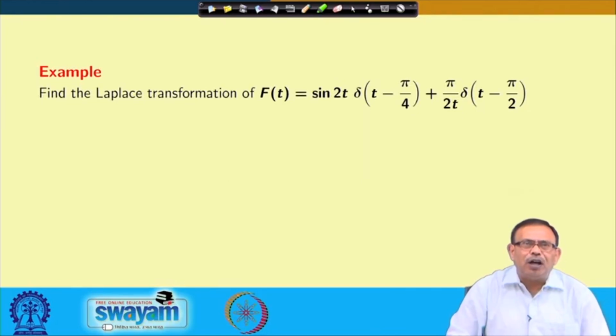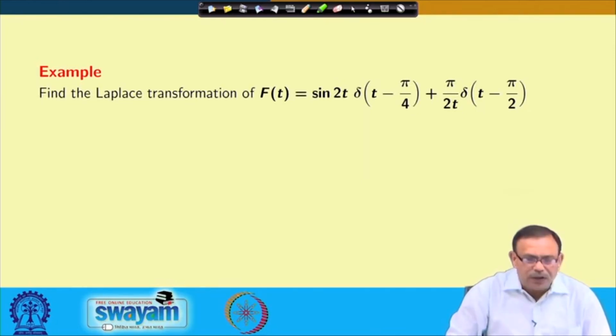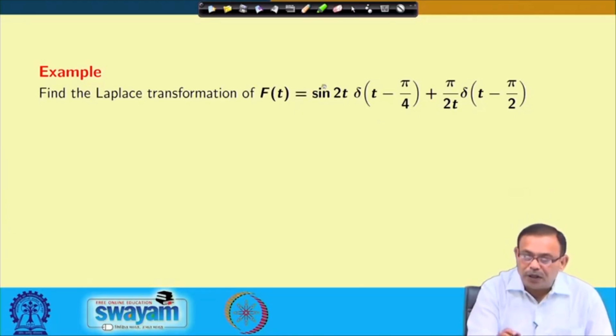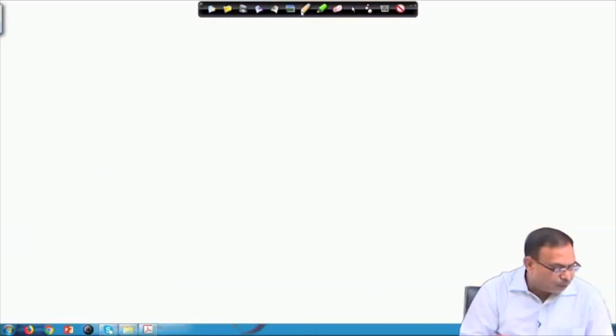We want to find the Laplace transform of this function, say f(t) equals sin 2t into the Dirac delta function of t minus pi by 4, plus pi by 2 t into the Dirac delta function of t minus pi by 2.